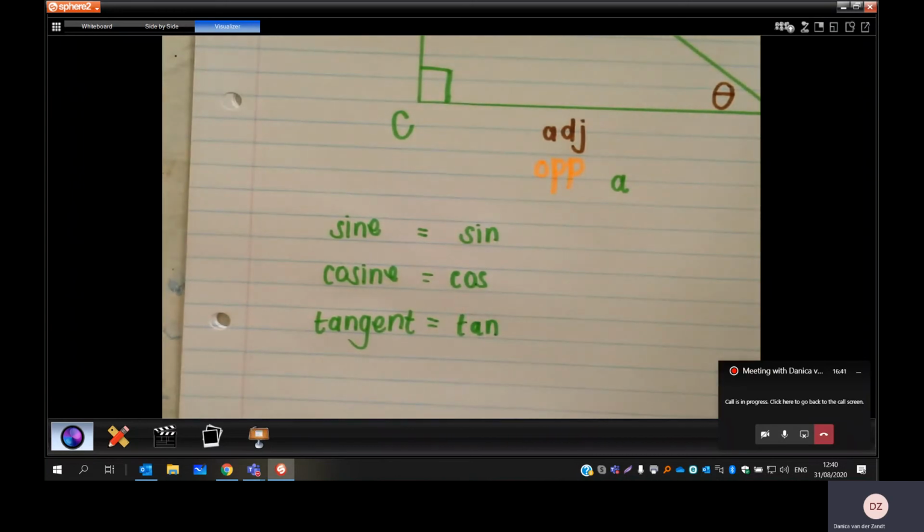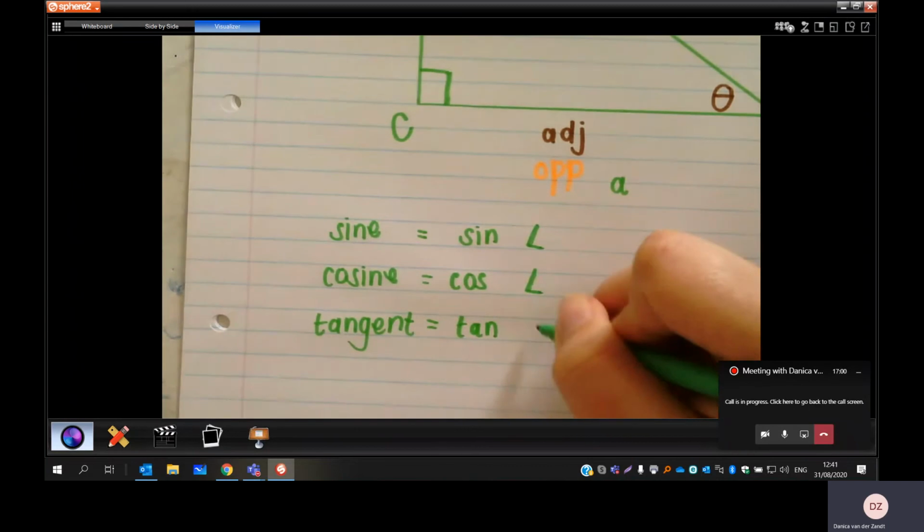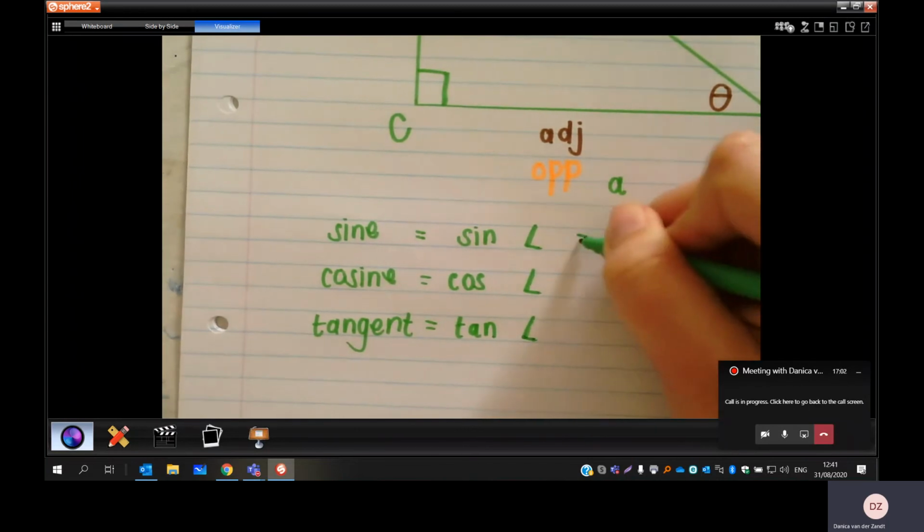Sine, cos, and tan. Now, we're always referring to sine of an angle, and cos of an angle, and tan of an angle. So for now, I'm just going to say angle with no reference to anything specific.